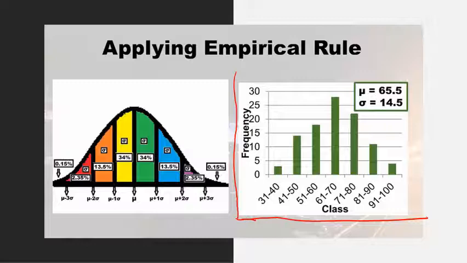Remember that this class had an N of 100, so there are 100 students. We already have the mean, or the mu, which is 65.5, and our standard deviation, which is 14.5 right here.